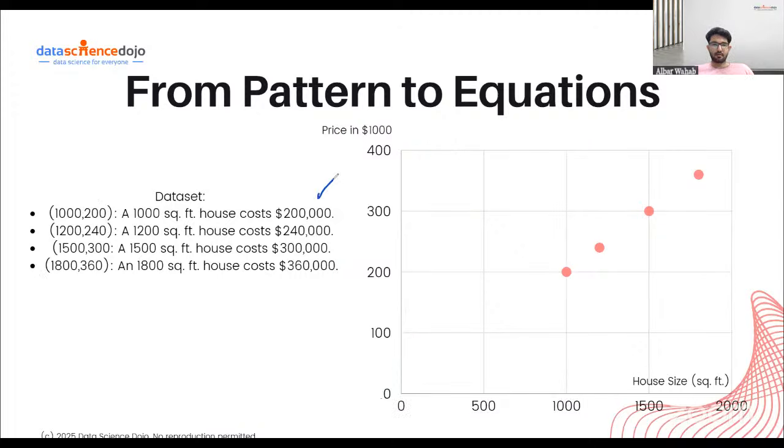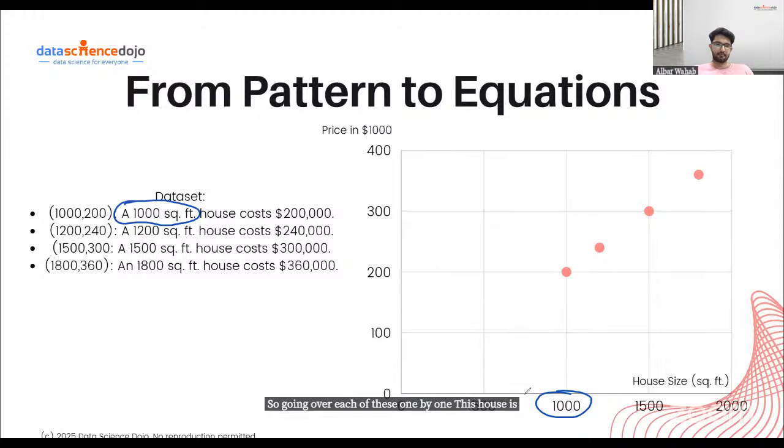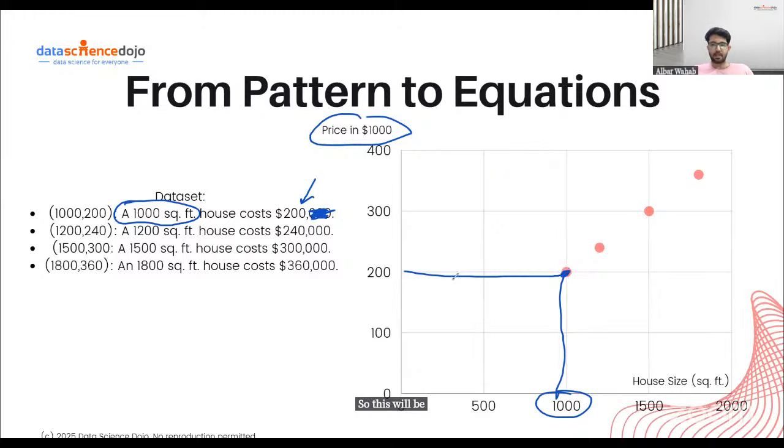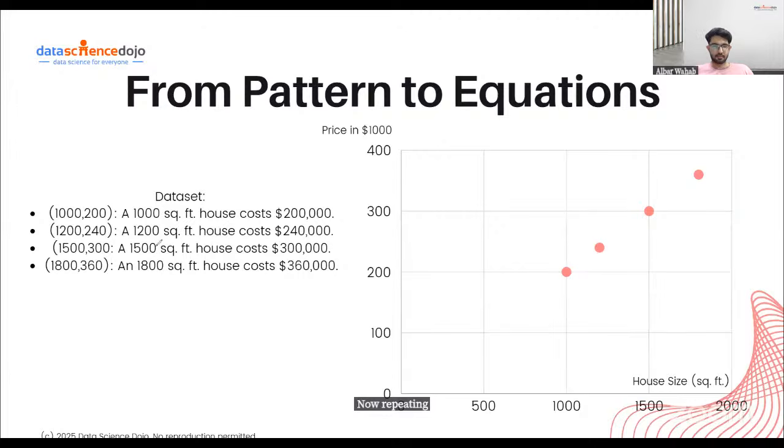So going over each of these one by one, this house is 1,000 square feet and it cost $200,000. So price in $1,000 would be 200. So this will be our first data point. Now repeating this for the remainder of the data points.